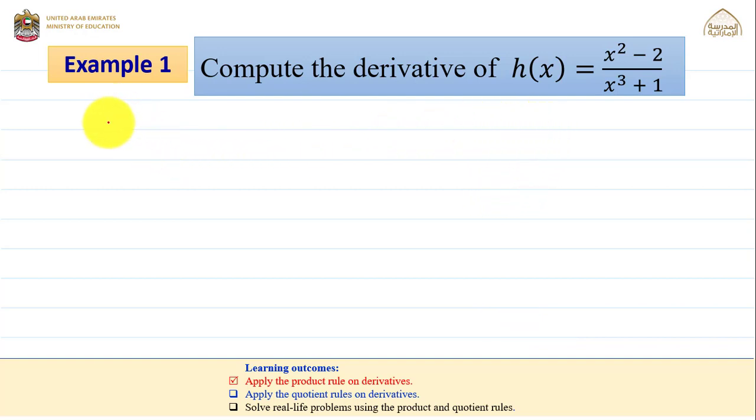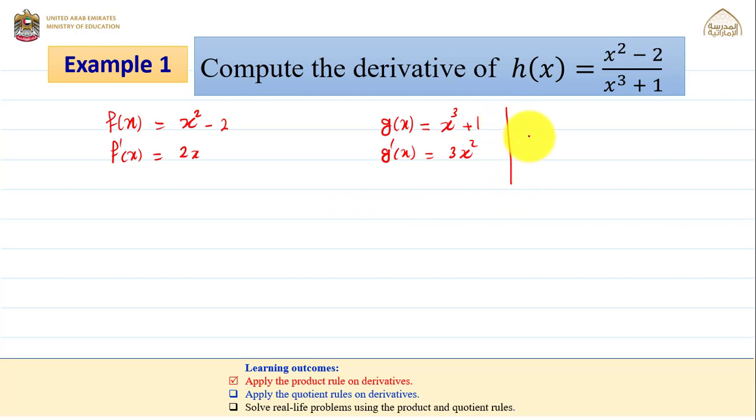If we let f of x equal the numerator x to the power 2 minus 2 and g of x as a denominator x to the power 3 plus 1, then we need to find each derivative. f prime of x equal 2x, g prime of x equal 3x to the power 2.